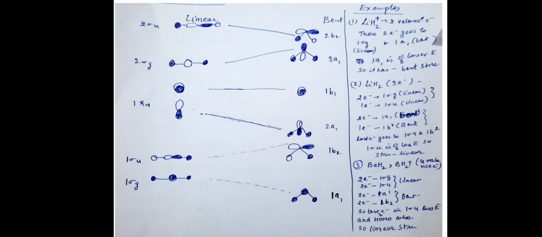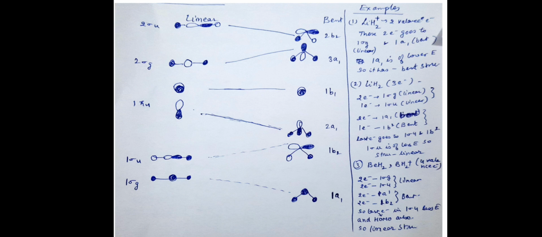Now again the next 2 electrons go to 1b1. Okay, 1b1 has slightly lower energy, and 1 pi u has slightly higher energy. So what is the shape of the water molecule having 8 electrons? This is the bent shape.